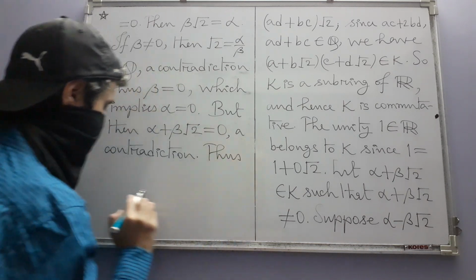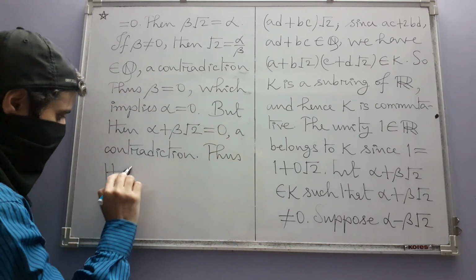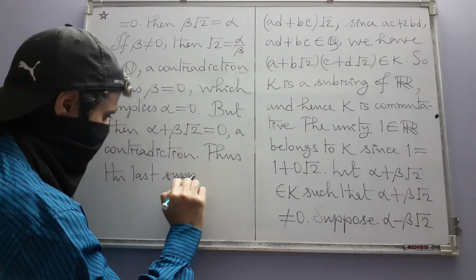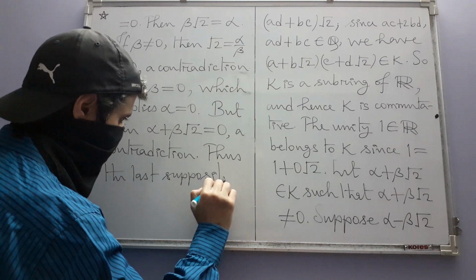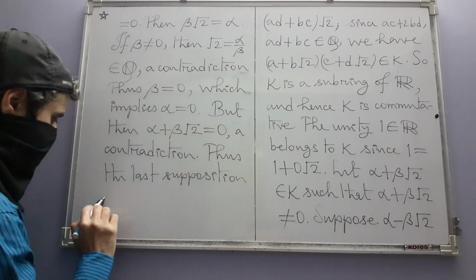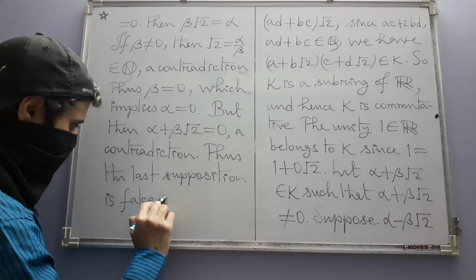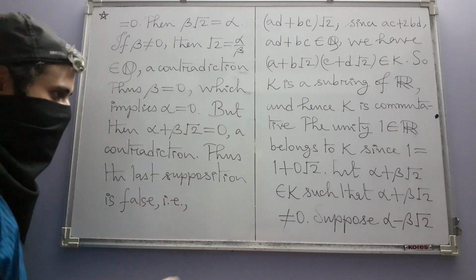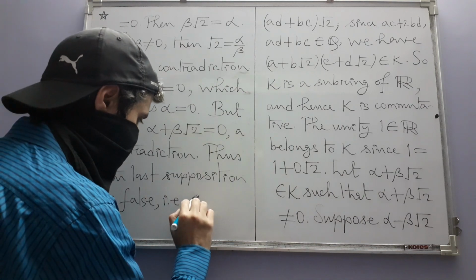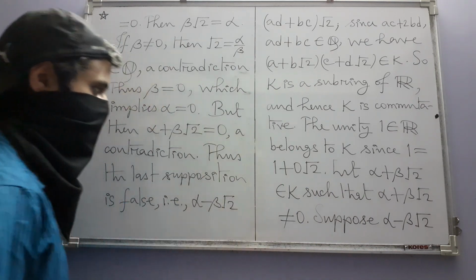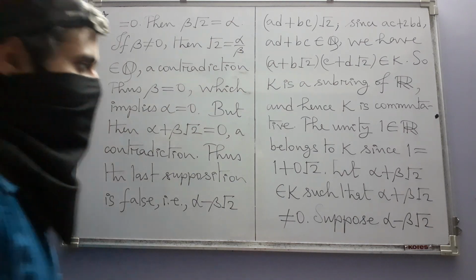Thus, the last supposition is false, i.e., just like alpha plus beta root 2, alpha minus beta root 2 also is non-zero. Yeah, now we have that.